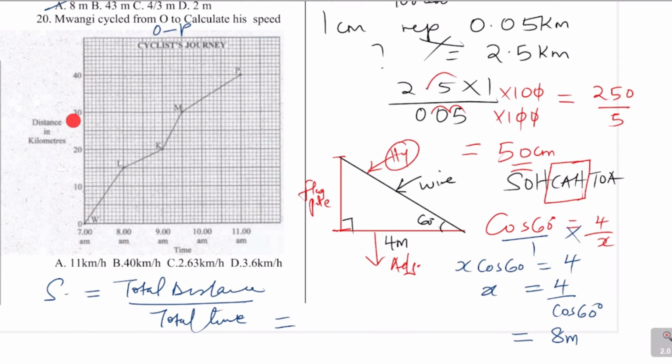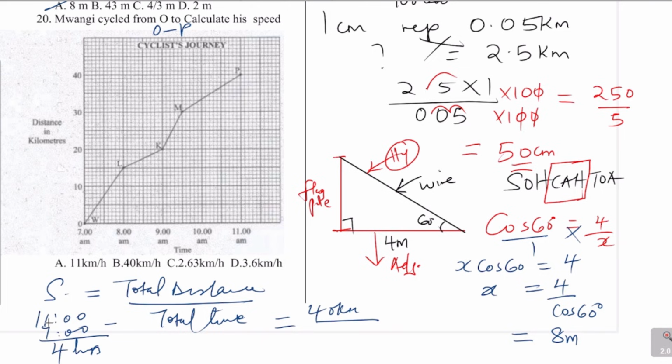The distance is 40 kilometers. Then the total time will be given from 7 a.m. to 11 a.m. So get that difference. 7 a.m. to 11 a.m. gives a difference of 4 hours.